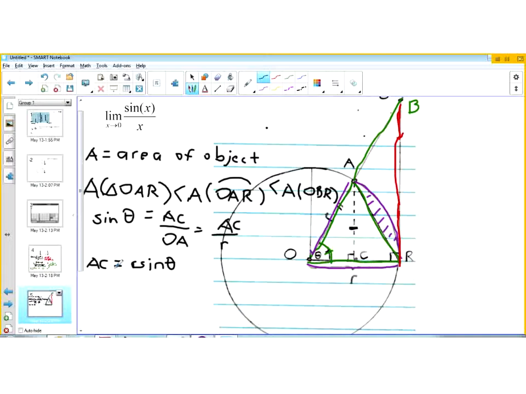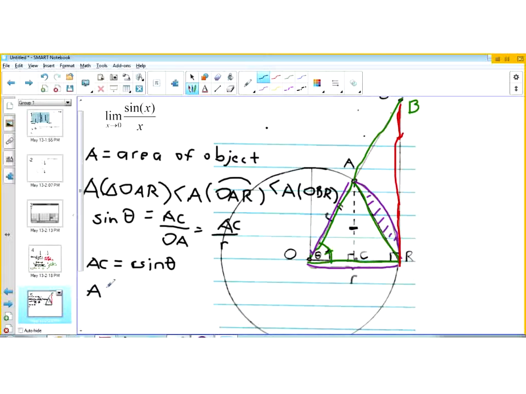Now, what next? So we can compute, here's where we need AC. We can compute the area of triangle OAR in terms of theta, okay?